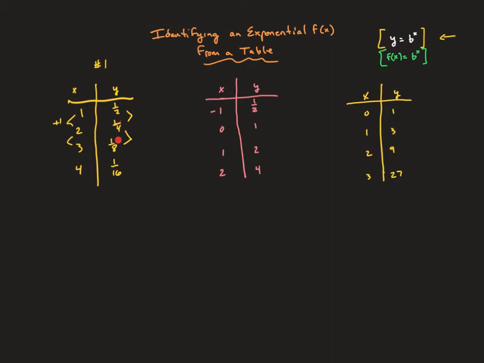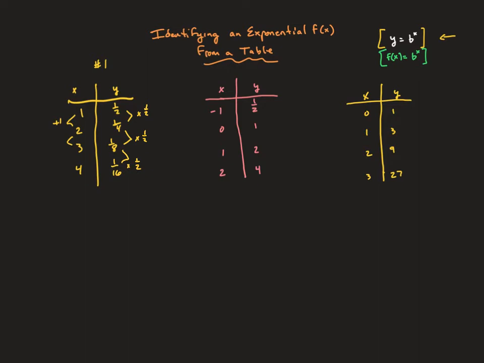As I went from here to here, it looks like we multiplied by 1/2. When we went from here to here, we multiplied by 1/2, and when we went to here, we multiplied by 1/2. So the rate of change here is 1/2. We are multiplying over and over again by 1/2 to get the next term.